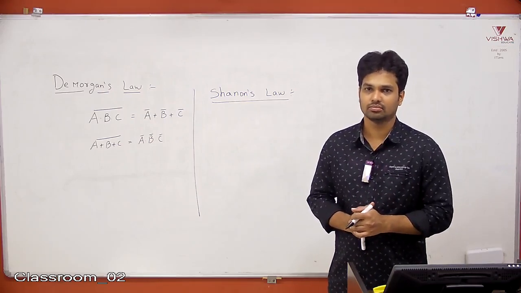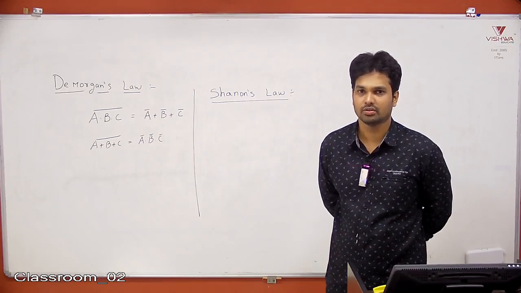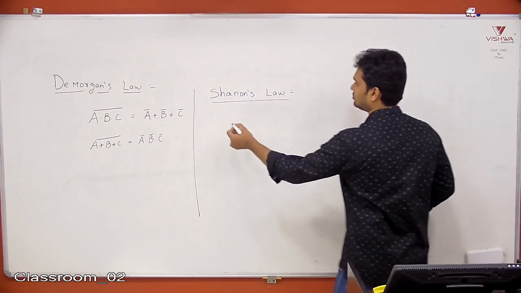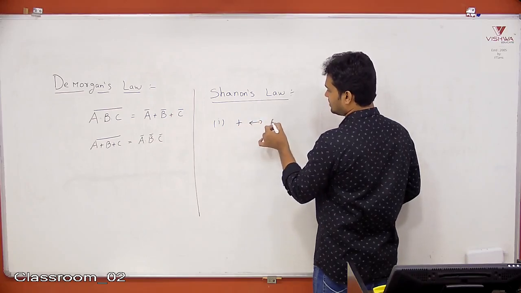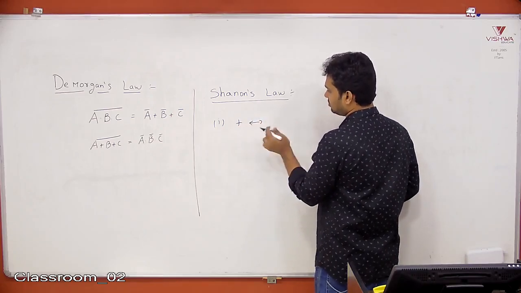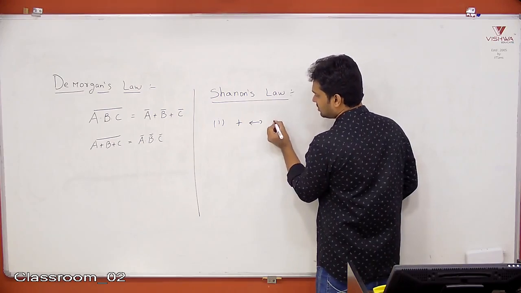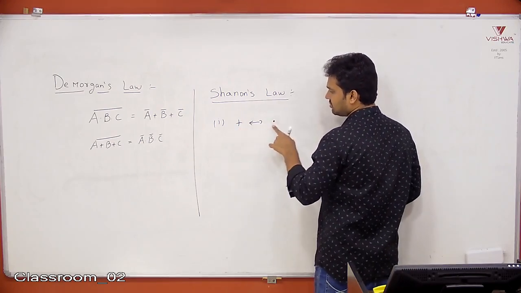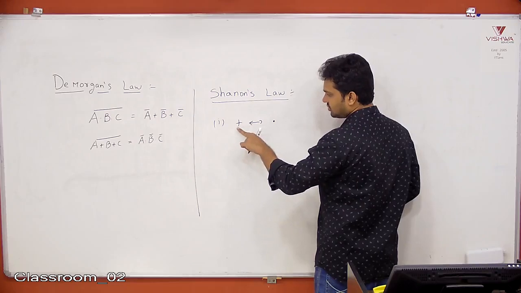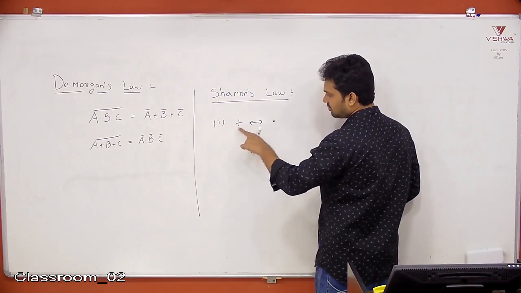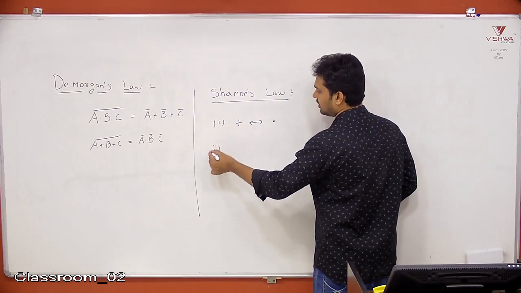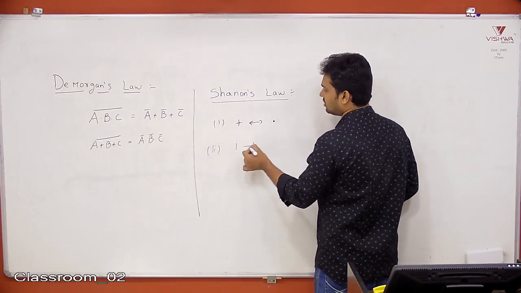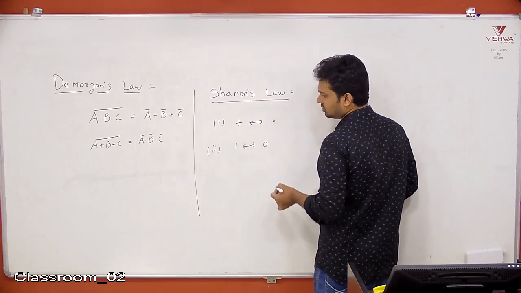First point. Write down this. Interchange plus with dot, and dot with plus, nothing but AND with OR, and OR with AND. Second point, 1 with 0, 0 with 1.